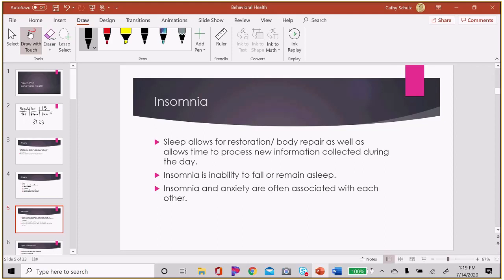And obviously important because sleep allows for body repair as well as processing new information, which is why everybody always says to people that studying all night and staying awake all night the night before an exam isn't helpful, because that's not how your brain works. If you want to be sure to learn something, you would practice information and make your brain focus on it and then get a good night's sleep, because that's how your brain lays down memory.